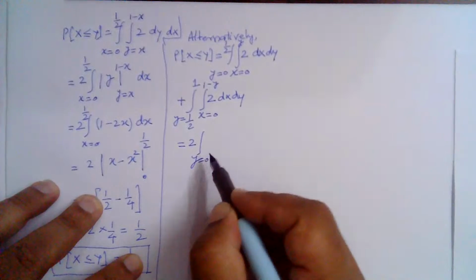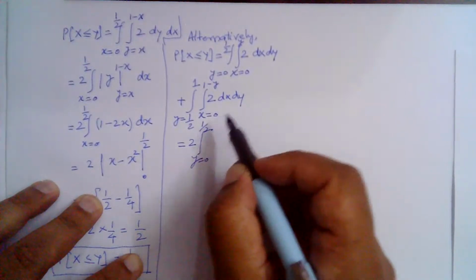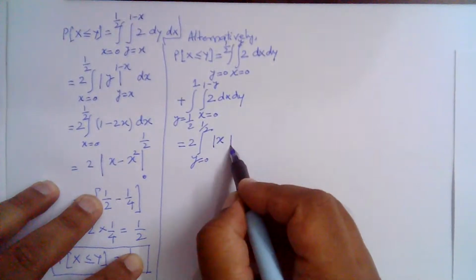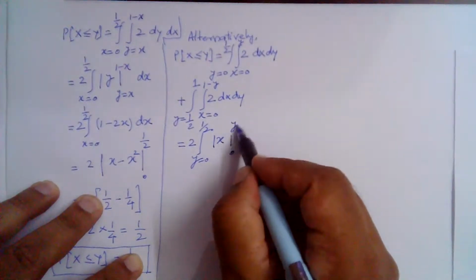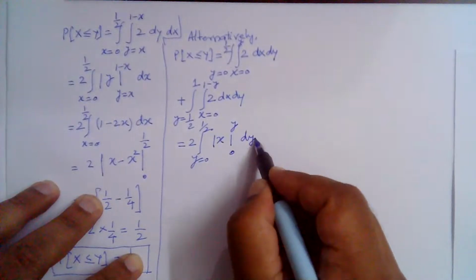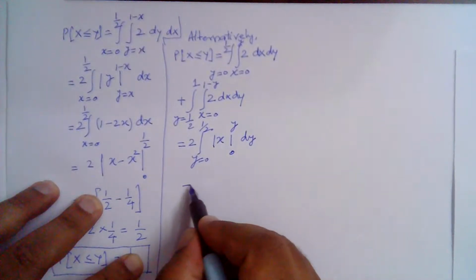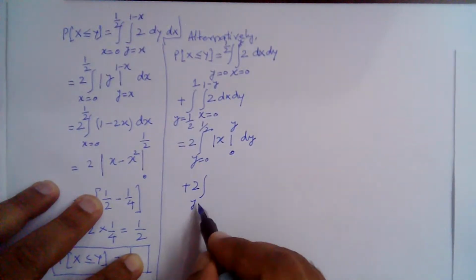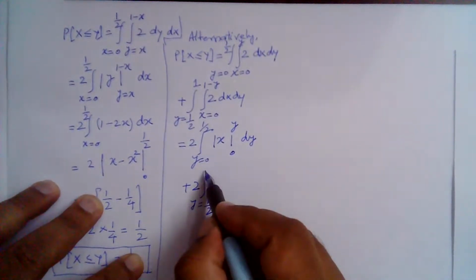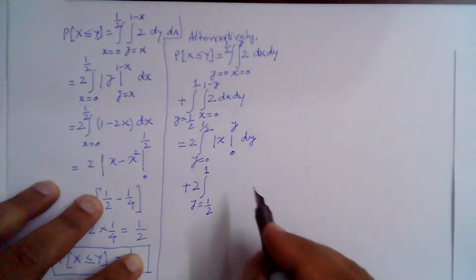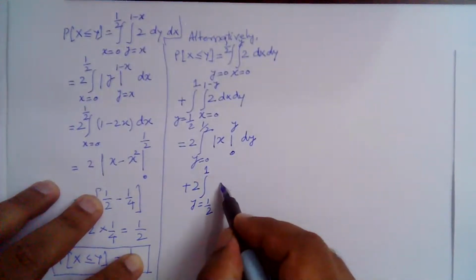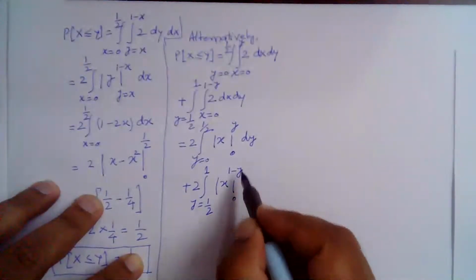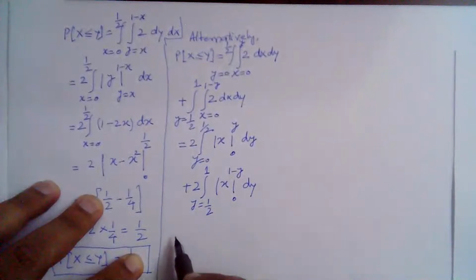Y is equal to 0 to 1 over 2, and we get an x after integration, and the limits are 0 to y, and we have dy still, plus this 2 taken outside, y is equal to 1 over 2 to 1, and we have an x here, and x is equal to 0 to 1 minus y, and dy.